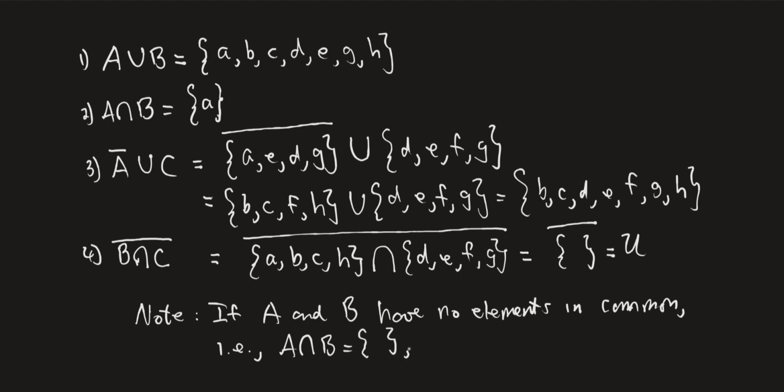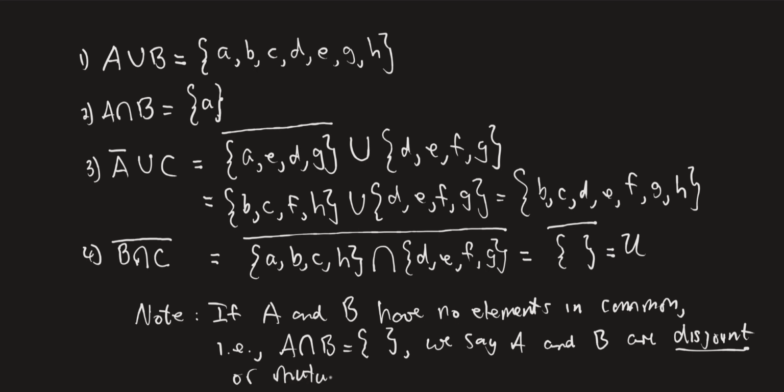So if they have no elements in common, we say A and B are disjoint. Or another phrase that's used is mutually exclusive, right? So they have nothing in common. And those are the two terms.